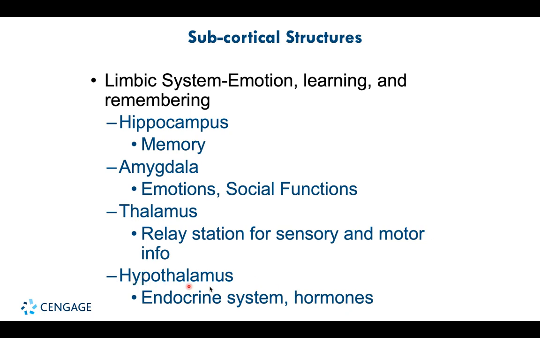So it acts sort of as the end of a feedback loop where it's going to measure the ambient amount of endocrine hormones floating around in your system, and it's going to act much like a thermostat in that it's going to upregulate these hormonal systems as needed and downregulate them as needed.